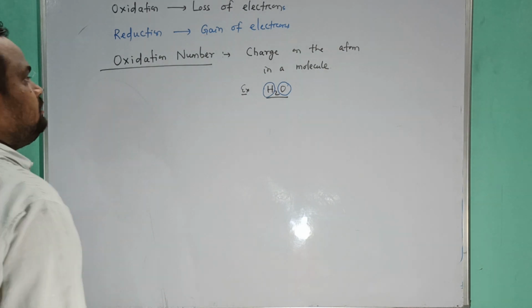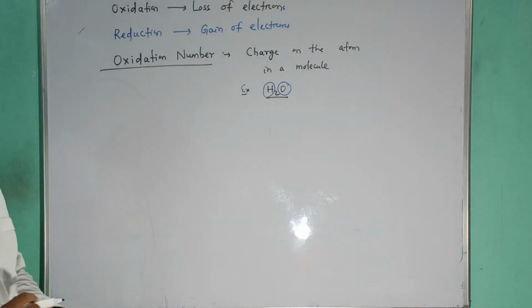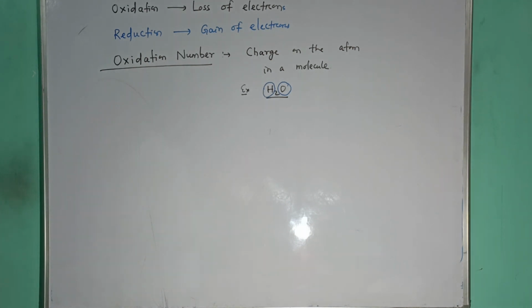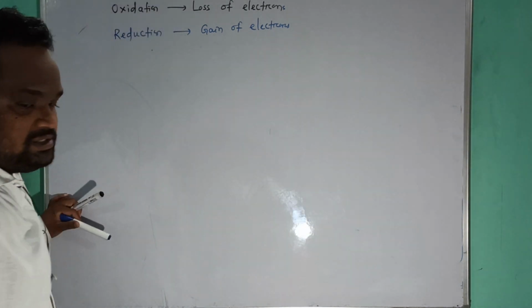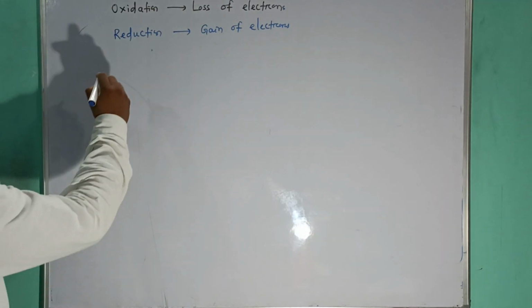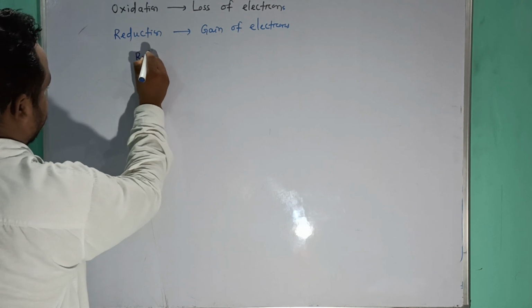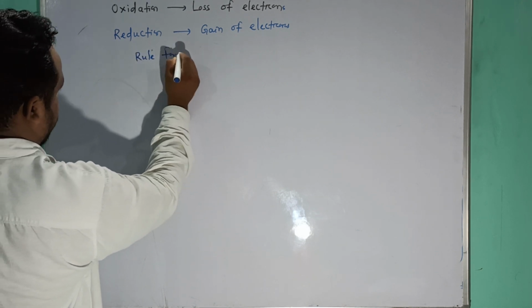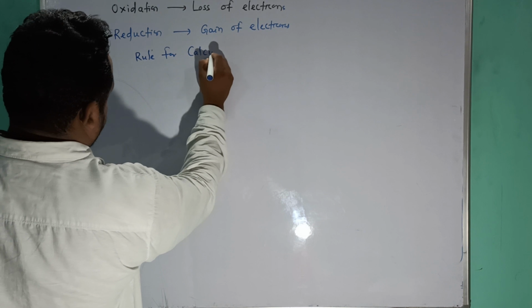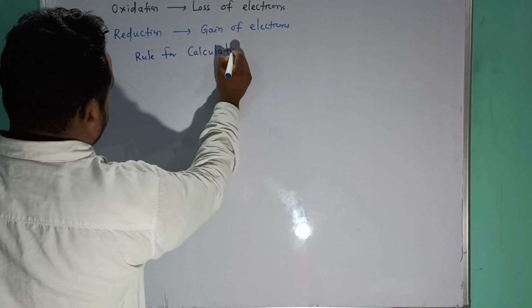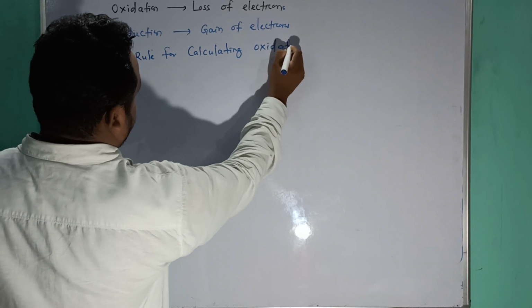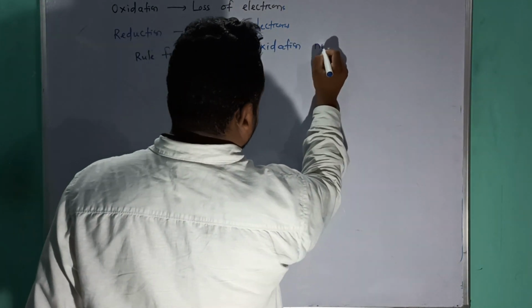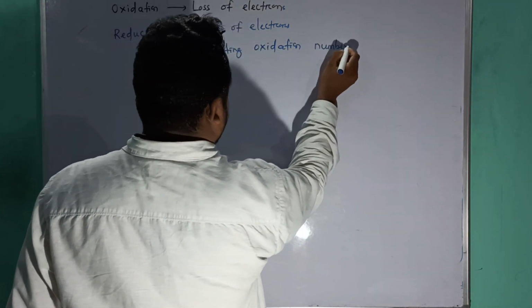So to calculate oxidation number, we have to read some rules. So what are the rules for calculating oxidation number?